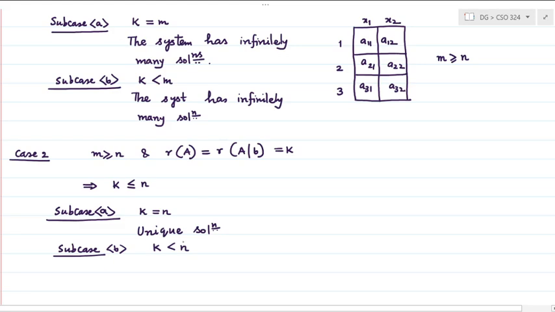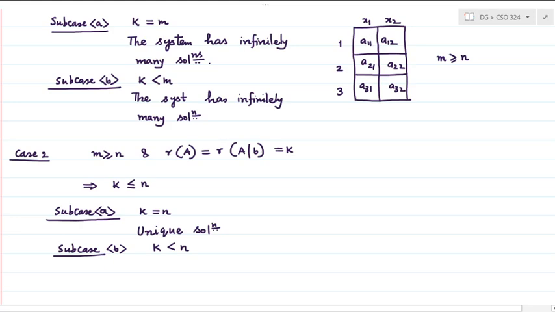So if k is less than n, by k less than n I mean the rank is less than the number of variables, and therefore in this particular case you have the rank less than 2. So obviously then the rank is 1 or 0, and 0 is not possible unless the matrix is 0.